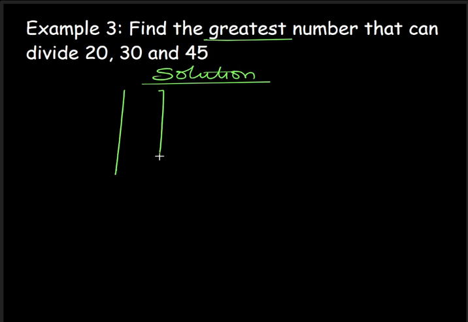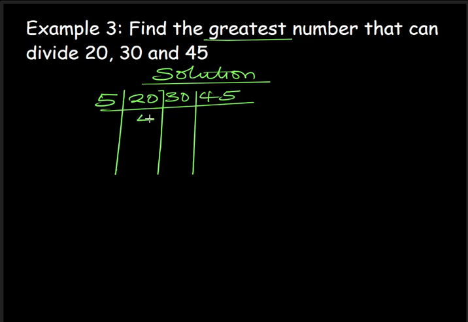Let's make them a bit bigger. This will be 20, this will be 30, and this will be 45. Now, what can divide 20, 30, and 45? These numbers end with 0 or 5, so 5 can divide.